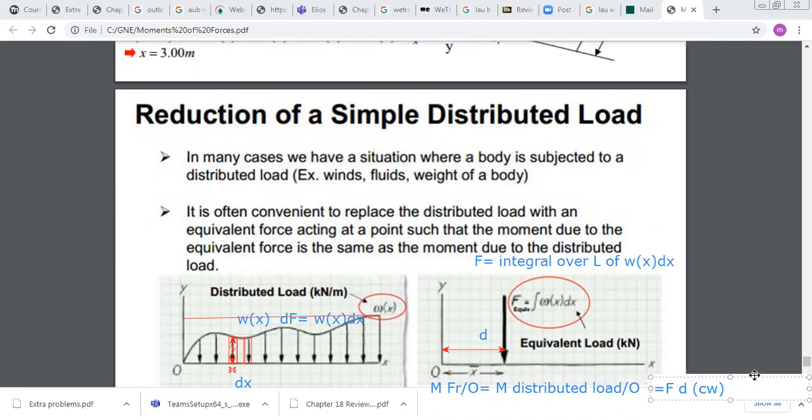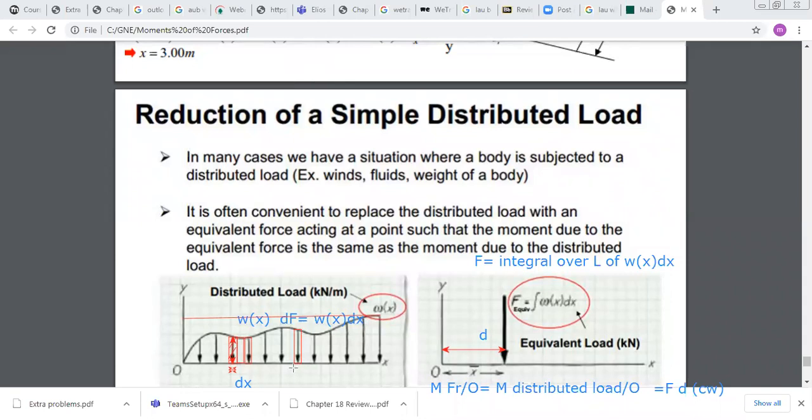Now, I still need to find the moment of the distributed load. To do so, I follow the same analogy as before. First, I take a very small element of force here. As we said, the thickness of this element is dx.